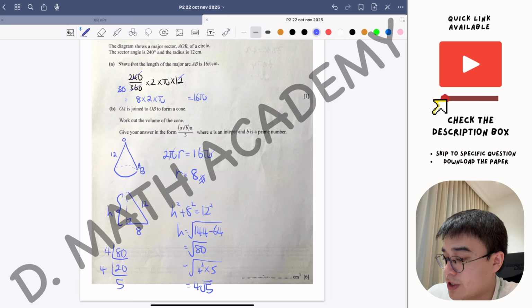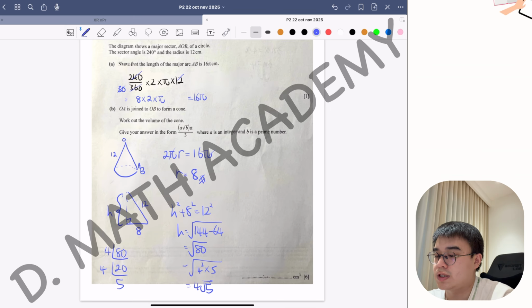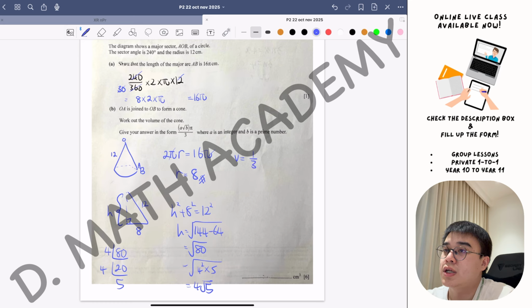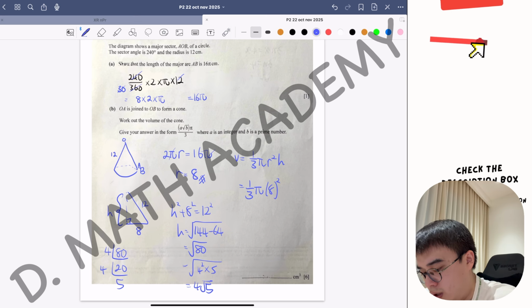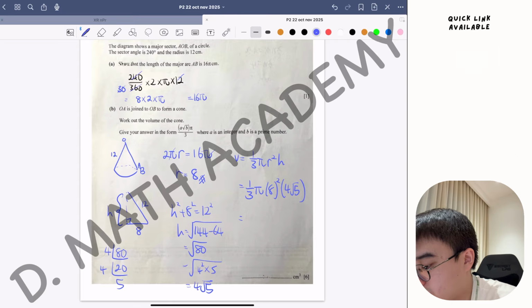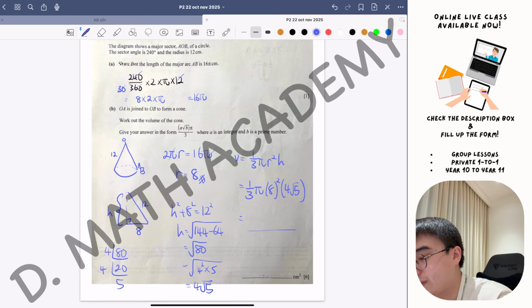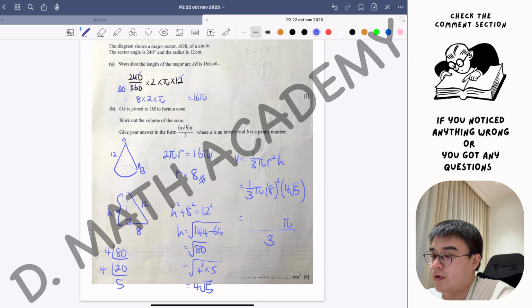So from this, we can now find the volume of the cone. Volume of the cone is 1 over 3 pi r squared h. You can refer to the front because the formula has been attached. So simplify it further, you will get something like 3 at the bottom, pi here, 64 times 4.